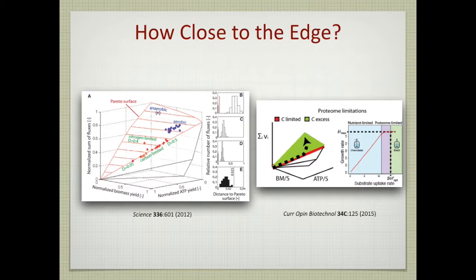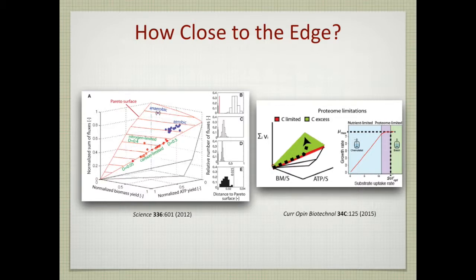And then on the x and the y-axis, we have maximizing energy production or maximizing biomass. And you see the experimental points, the red ones and the blue ones, lie on a plane that is formed in that 3-dimensional space. In some cases, the experiments were done under carbon limitations, and some cases not. And the points migrate around in that space.